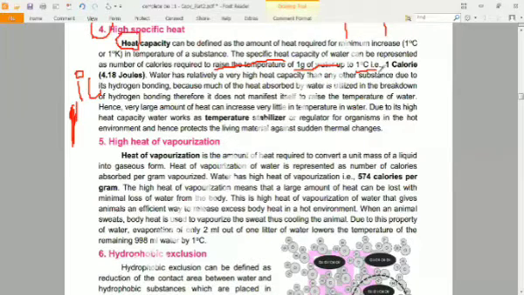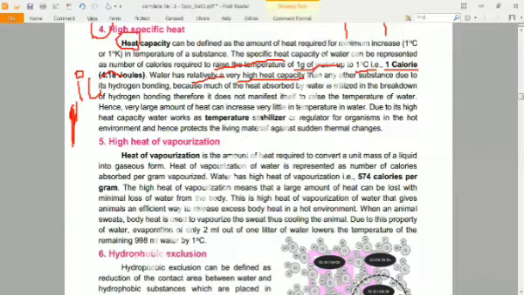That is 1 calorie, which is equal to 4.18 joules. So water has a relatively high heat capacity.